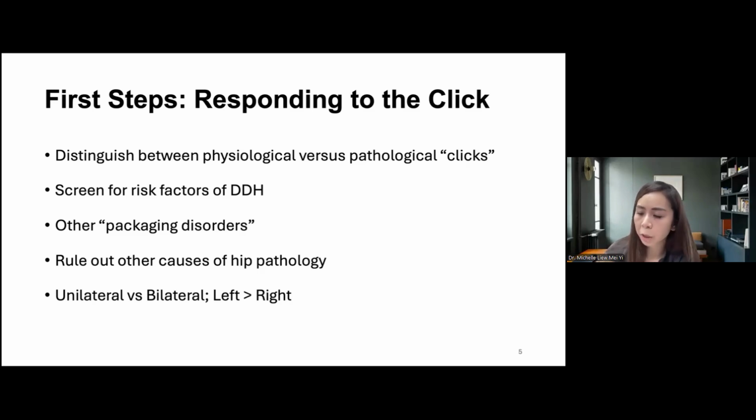And as mentioned before, we rule out other primary pathology before concluding that this dislocated hip is actually a DDH. And then we finally determine whether it is a unilateral or bilateral presentation. In our experience, the left hip is more commonly affected than the right.